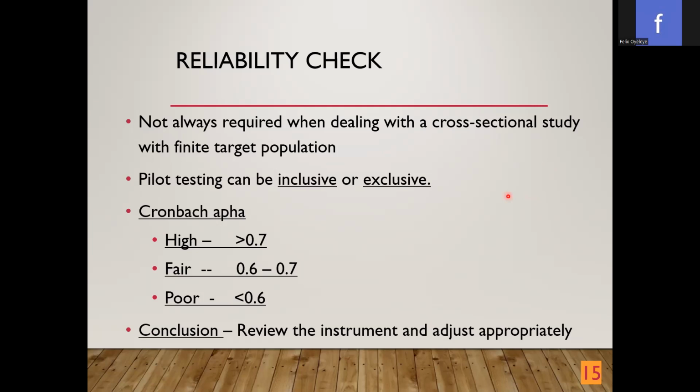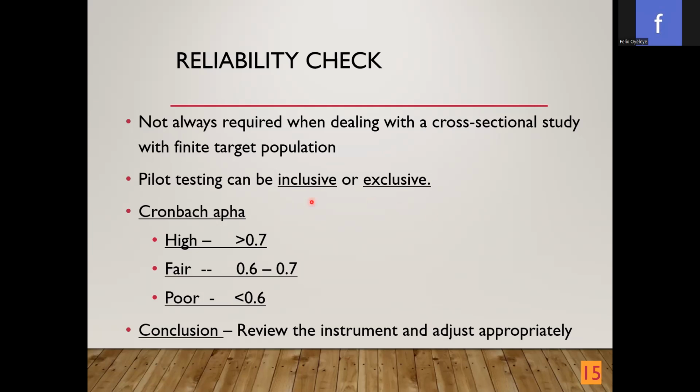And you can also have an inclusive way. If I'm studying Enugu State, and my interest is to study pregnant women in Enugu State, I may decide to go to a particular region or local government in Enugu State and conduct a pilot test. Of course, at the end of the day, the population I conducted my pilot test on will still be included in the overall research work itself.